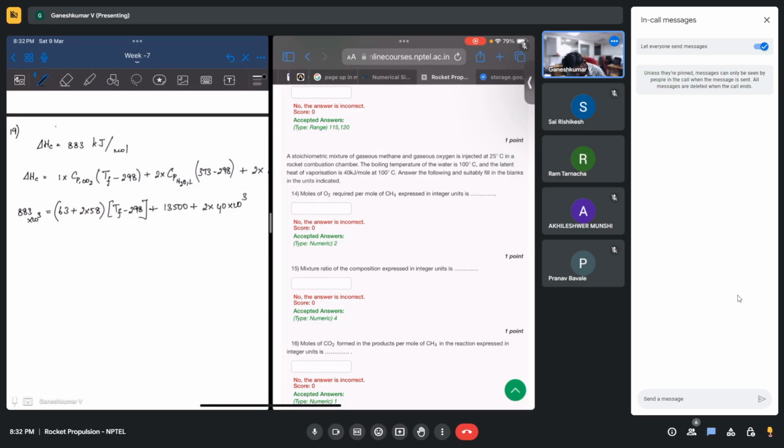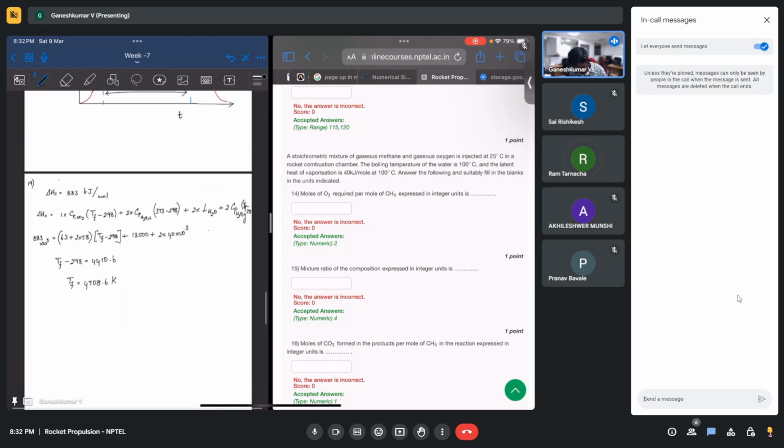So I am getting Tf minus 298 to be equal to 4410.6. So Tf is coming out to be, plus 298, 4708.6 Kelvin.